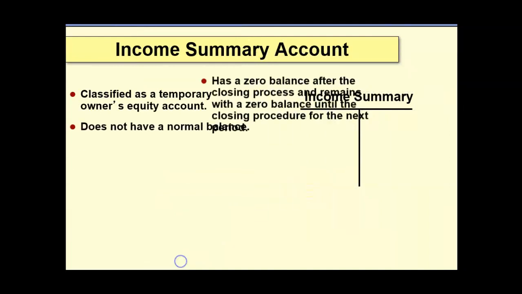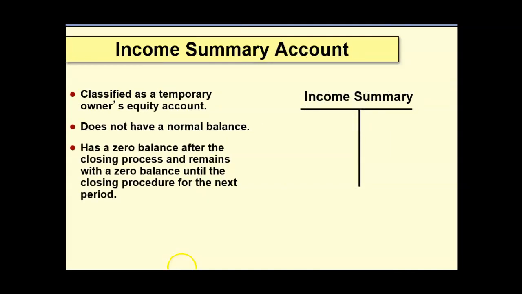So what happens is that the income summary account is a temporary owner's equity account. Because the account is temporary, it too will be closed out during the closing entry process. This account does not have a normal balance on the debit side or credit side. This account will show whether we had net income or a net loss for the accounting period.